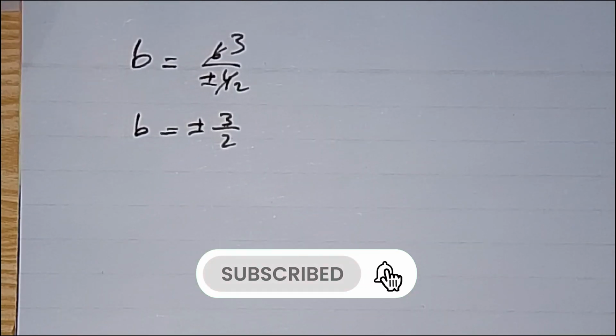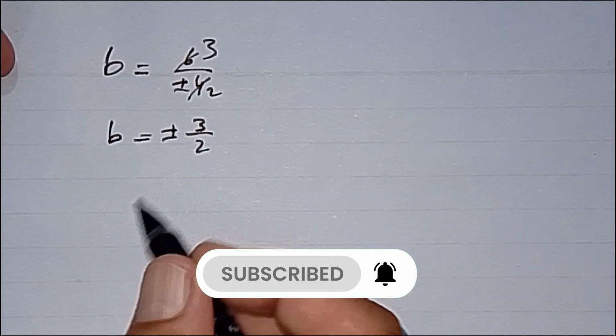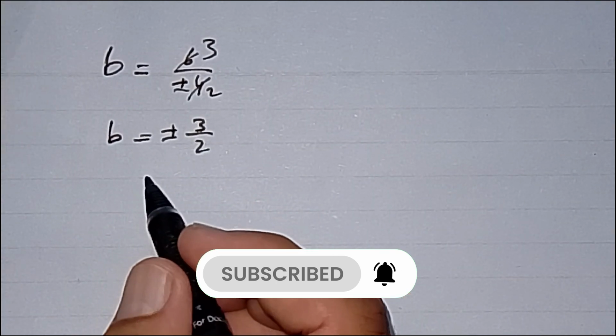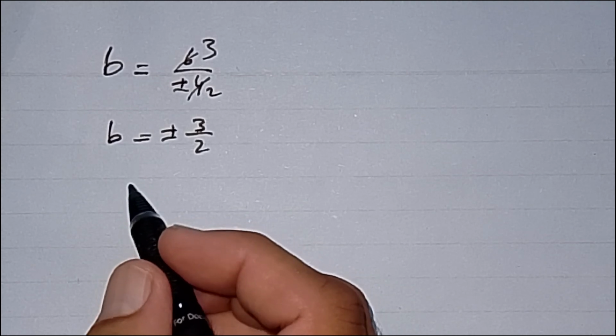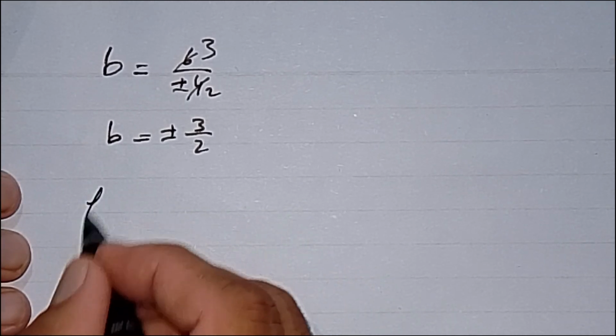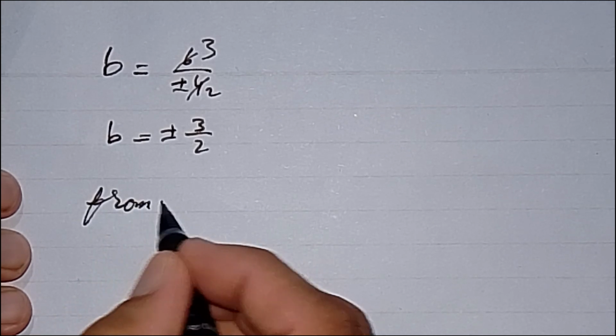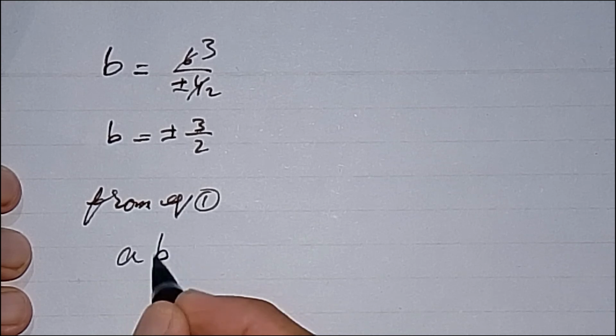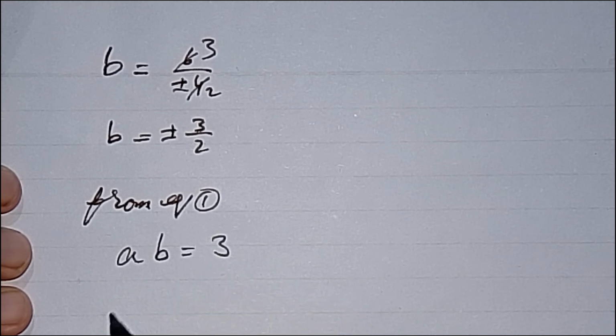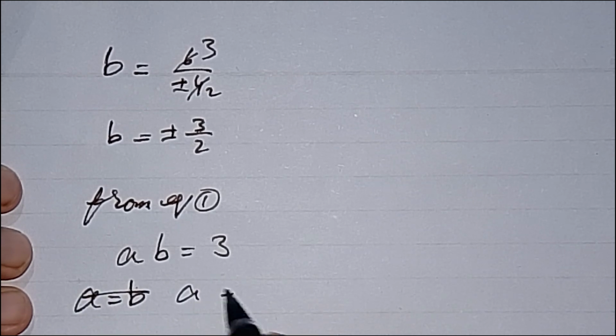Now from equation 1, ab is equal to 3. a is equal to 3 over b.